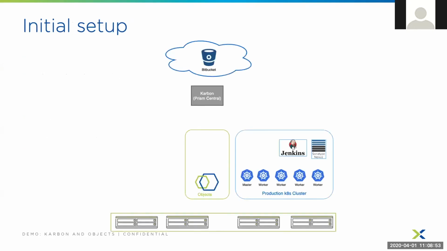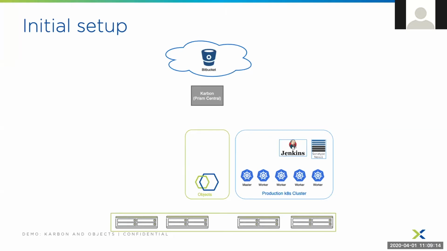Now, what does the demo environment look like? Like I mentioned before, we are using Bitbucket, or we need to use Bitbucket. What we are using is Bitbucket in the cloud, so the cloud version of Bitbucket. Then we have a demo environment consisting of a Nutanix cluster with multiple nodes.